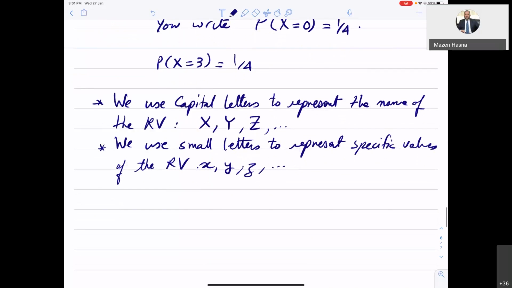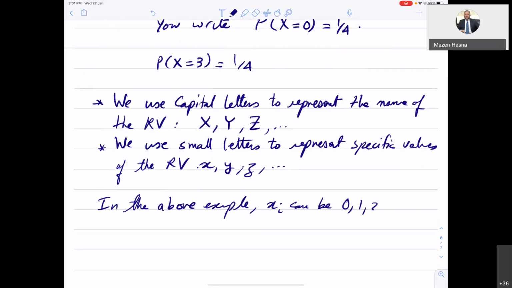So in the above example, the small x can be what? Can be 0 or 1 or 2 or 3.